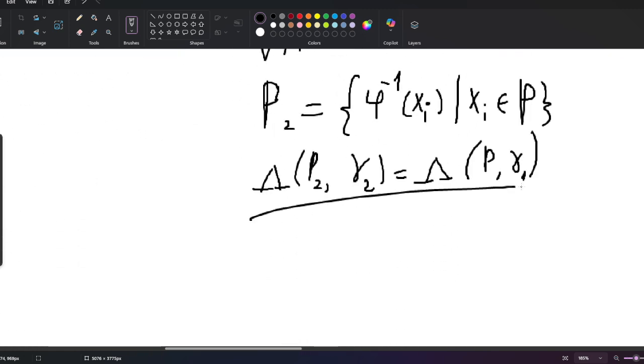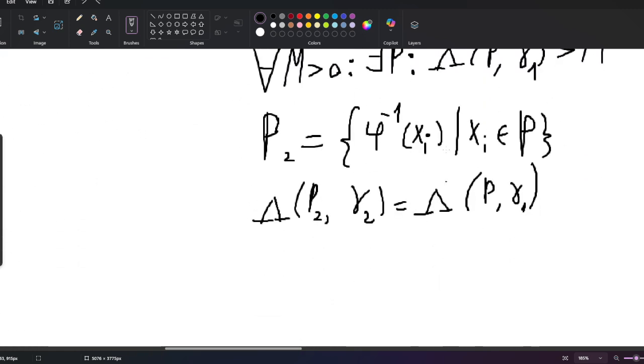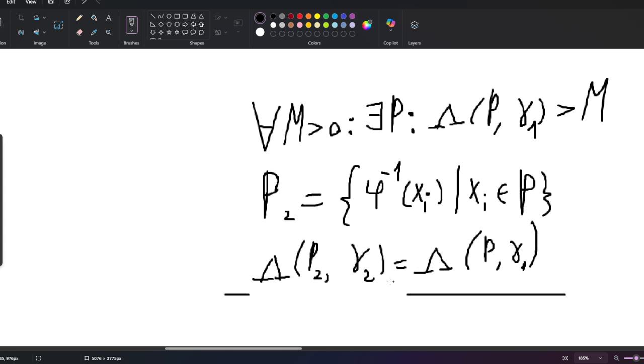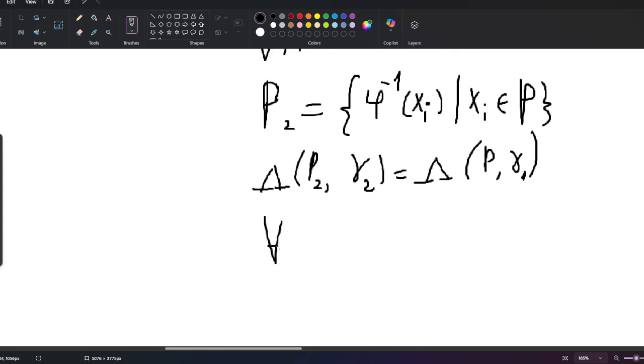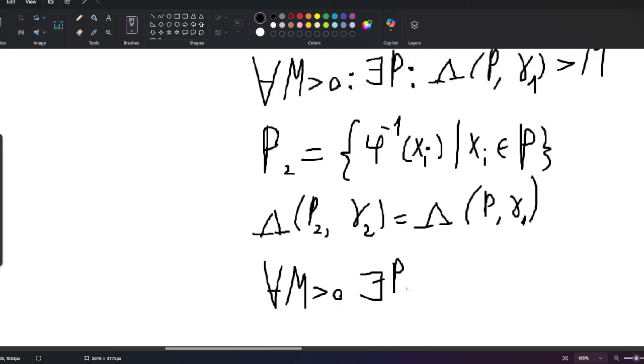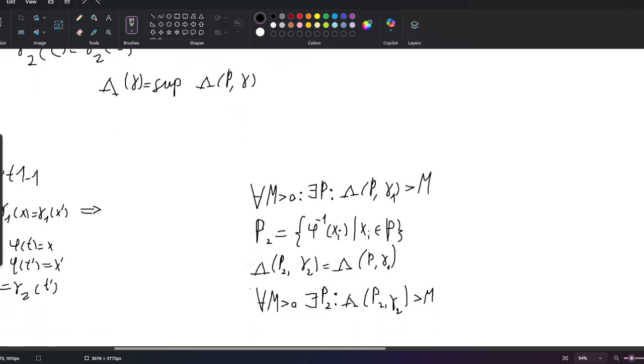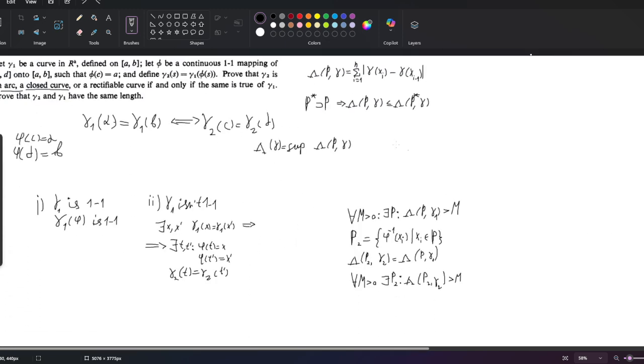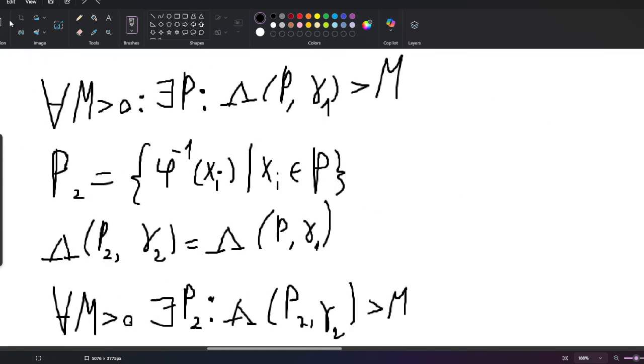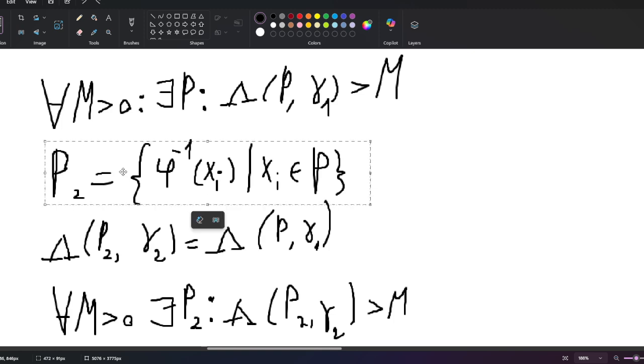So we have this equality, and now this literally implies that for every m greater than 0 there exists a partition 2 such that the length of this partition on the curve gamma 2 is going to be greater than m. Alright, so what we have essentially done is shown that a non-rectifiable curve gamma 1 implies that gamma 2 is also non-rectifiable.